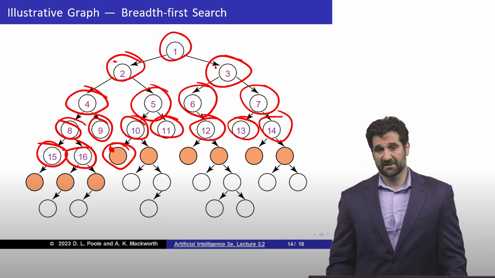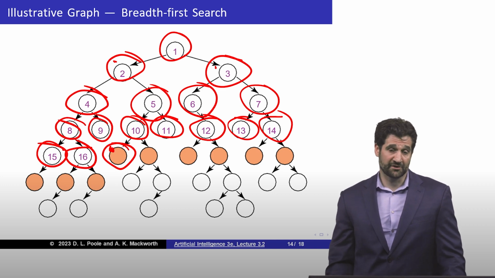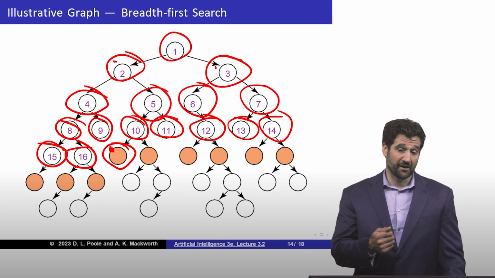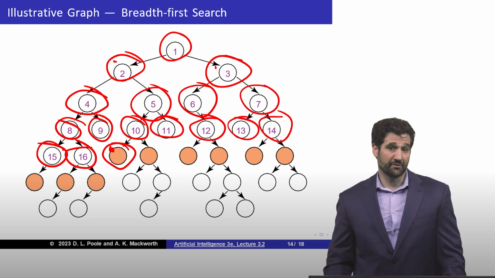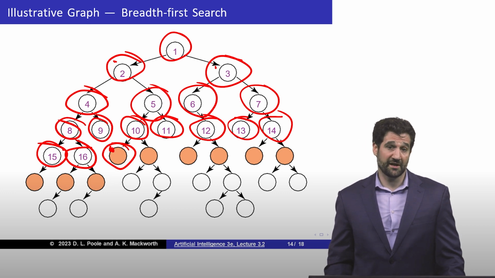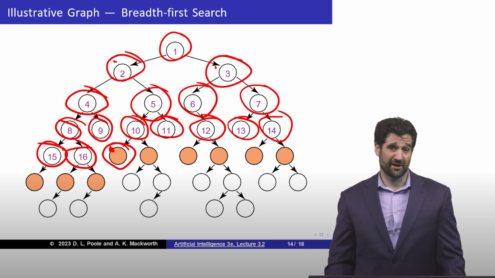Now, when you look at this and you think about depth-first search, if we're talking about optimality in terms of number of hops in the graph, we actually have a provably optimal solution. But we've gotten there with not only exponential runtime, but an exponential space requirement.